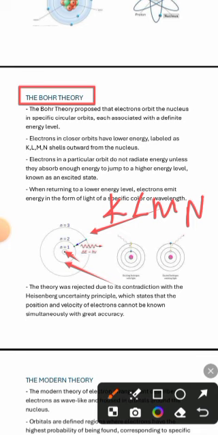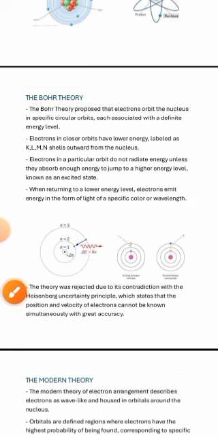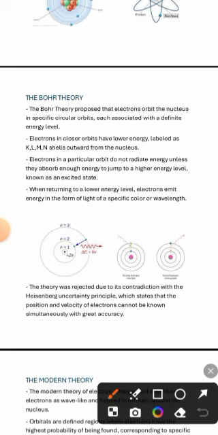Also, electrons in a particular orbit do not radiate energy unless they absorb enough energy to jump to a higher energy level known as the excited state. Electrons absorb energy before they can jump to a higher energy level.